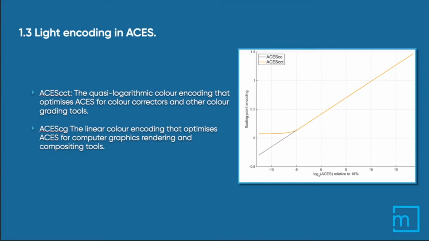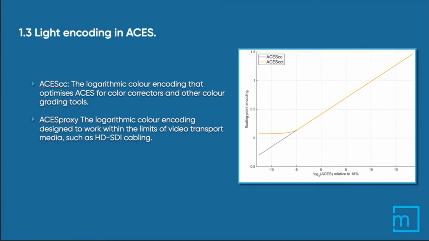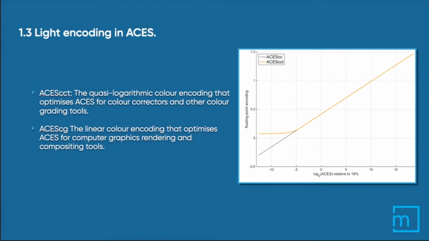Great. So we then move on to the most up-to-date encodings, which are used commonly in, I would say, a very large percentage of projects. I haven't done any single project in ACES yet. ACES CCT was created after feedback from colorists to the Academy, because when operating the knobs for low lights, it tended to crush the blacks quite fast.